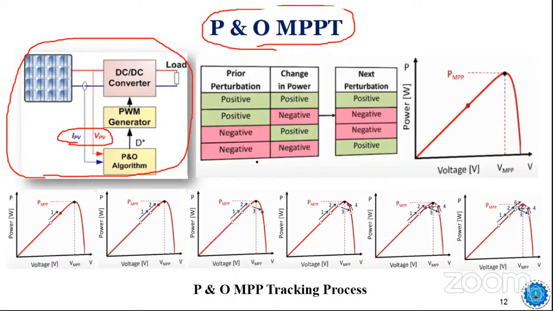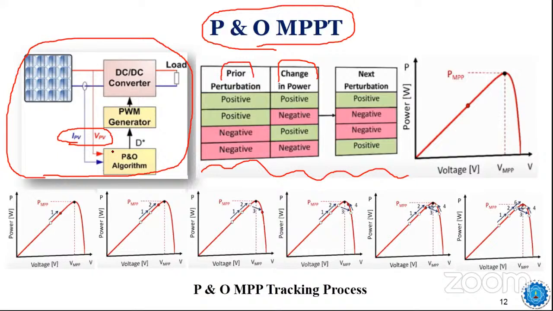In this type of system, I have taken a simple logic over here. Let us consider this is the voltage change and this is the power change. If both are positive, then the next perturbation will be positive.